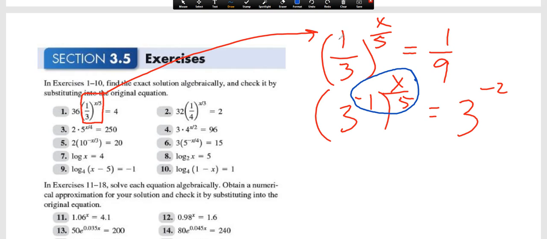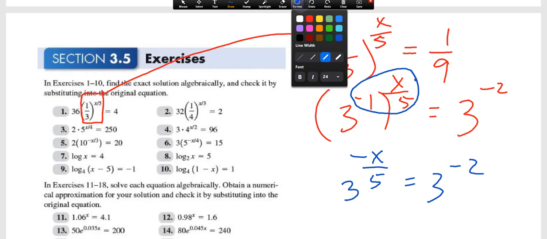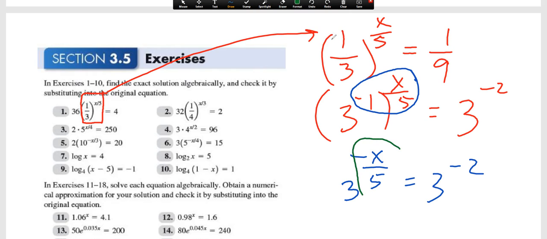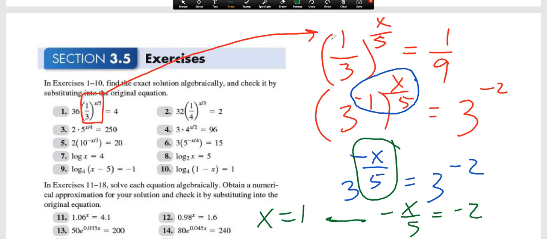So multiply these two together. That gives me negative x over 5. So we have 3 to the negative x over 5 equals 3 to the negative 2nd. What do you think negative x over 5 equals? Nice. So negative x over 5 equals negative 2. And that does give us the conclusion that x is positive 10.